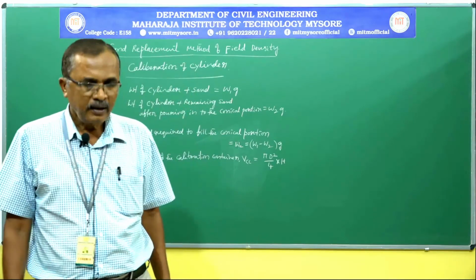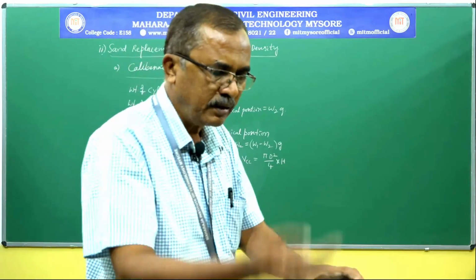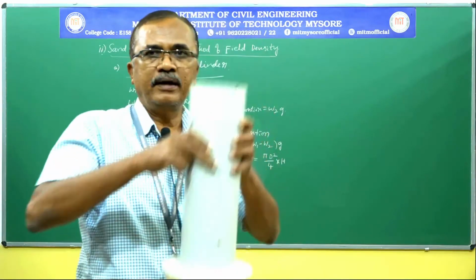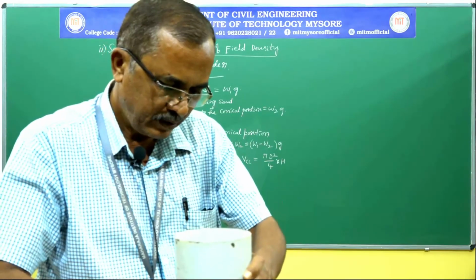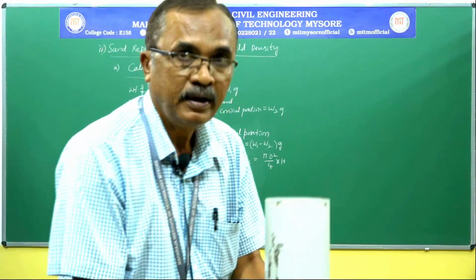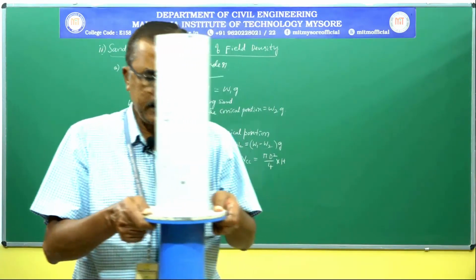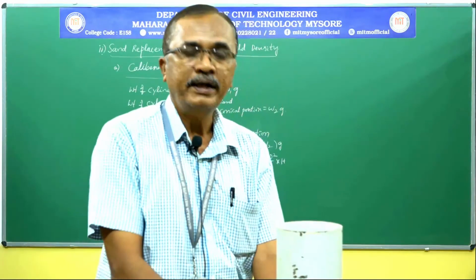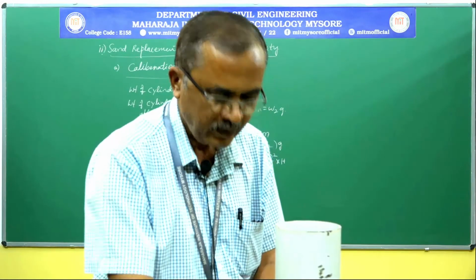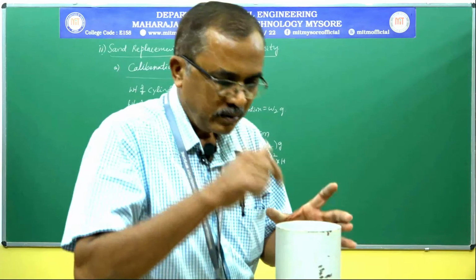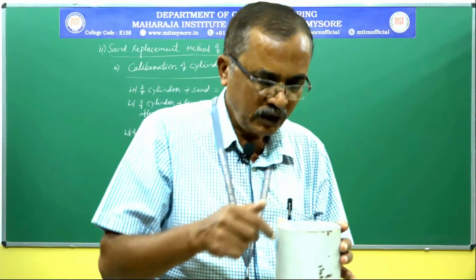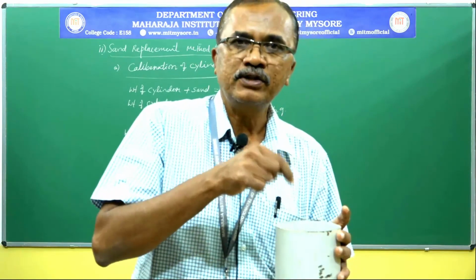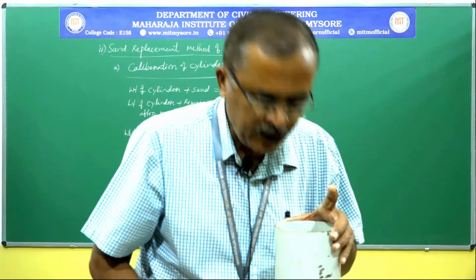Next, without refilling, with the sand already poured on the glass plate or paper, place this cylinder and remaining sand on the calibration container like this. Place the cylinder with remaining sand on the calibration container and operate the shutter. Open the shutter. Permit sand to flow into the calibration container. After the flow of sand stops, close the shutter.